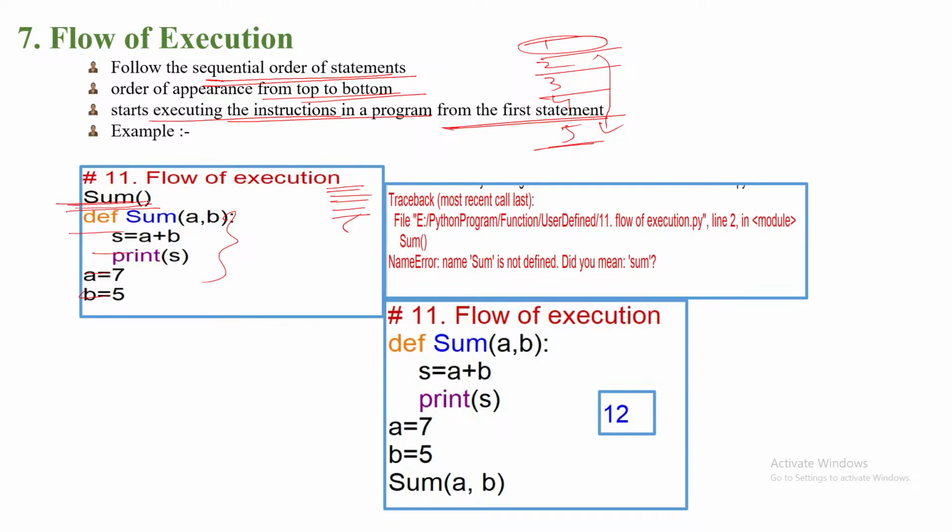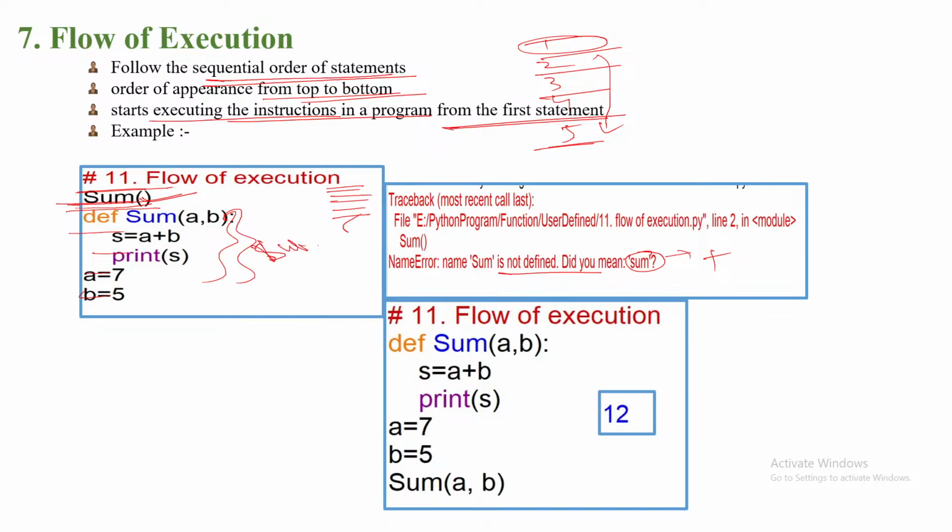This is the first statement and this is the function calling. Before that there is no program, nothing else also. That is why it will generate the error: name sum is not defined. Did you mean sum? This sum means addition, right? So that is why we first write the functions, then afterwards we call the function's name. That is why a function is called a subprogram.